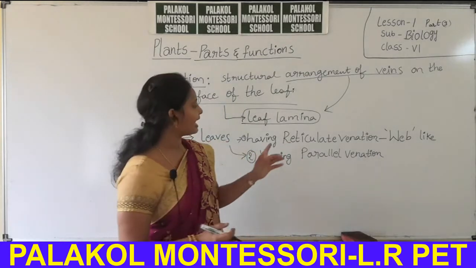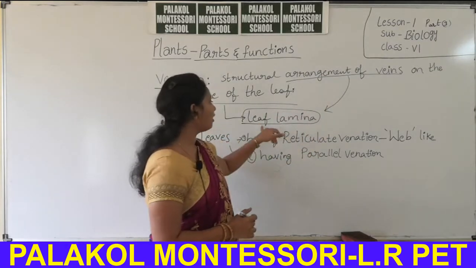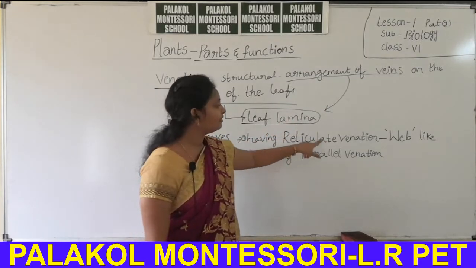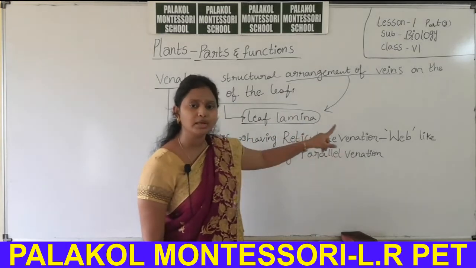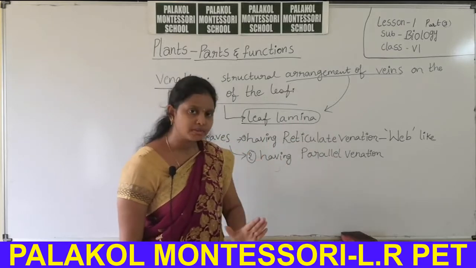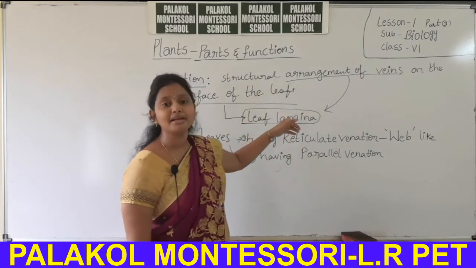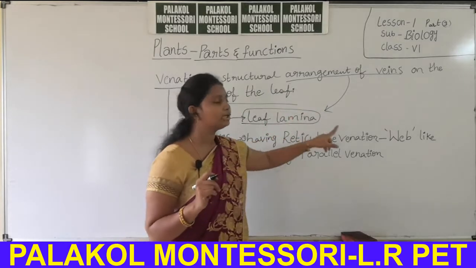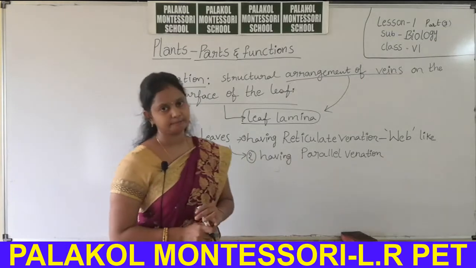That web-like arrangement of veins on the leaf lamina is called reticulate venation.